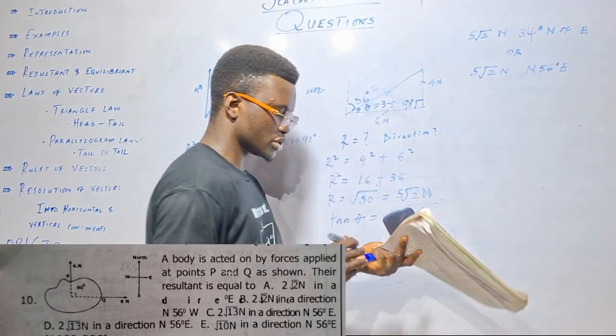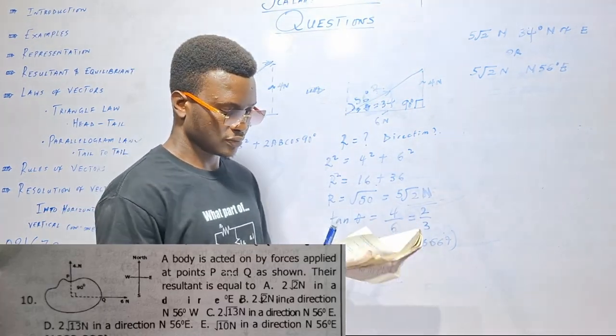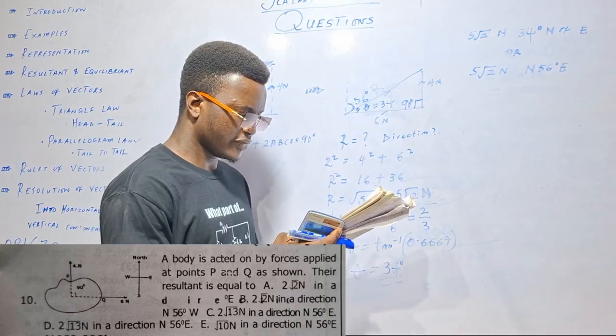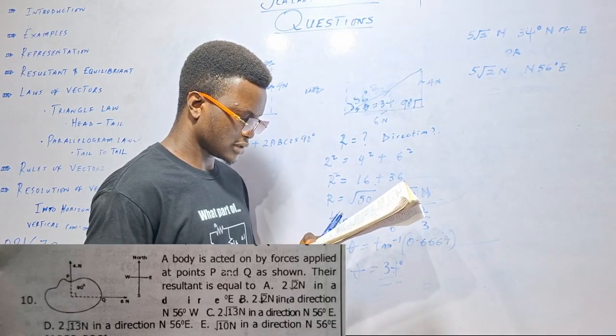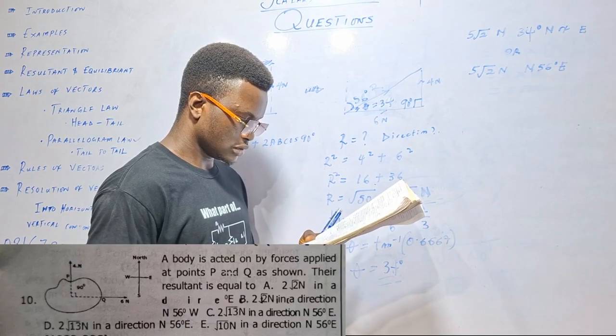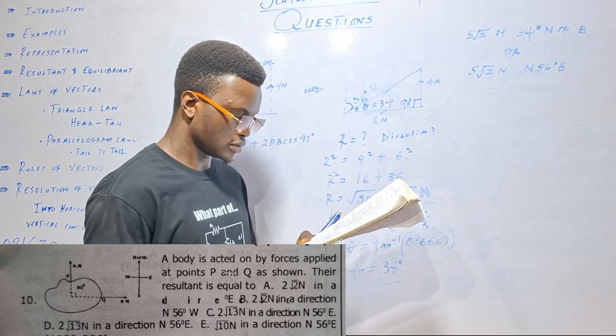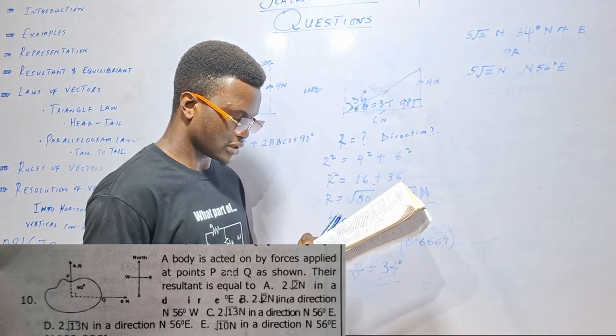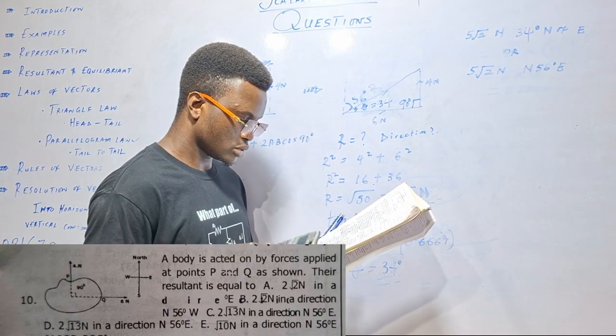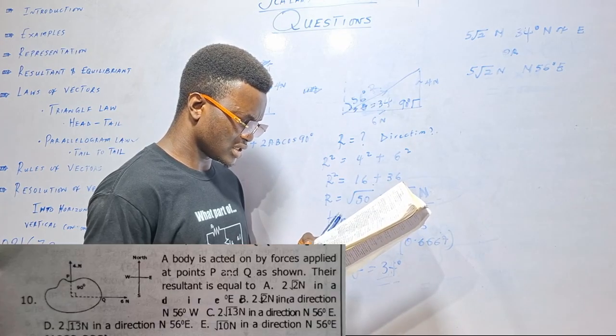So if you go to the options, the option says 2 root 2, another option says 2 root 2 Newton in a direction.